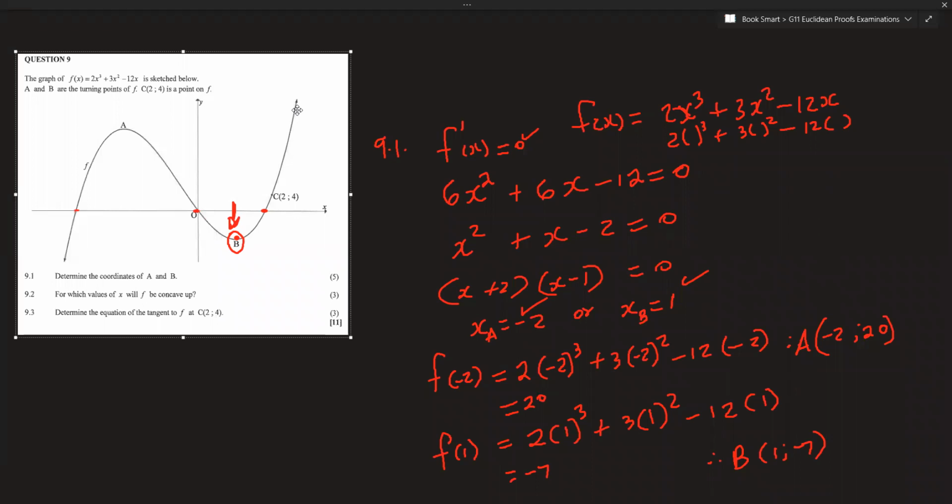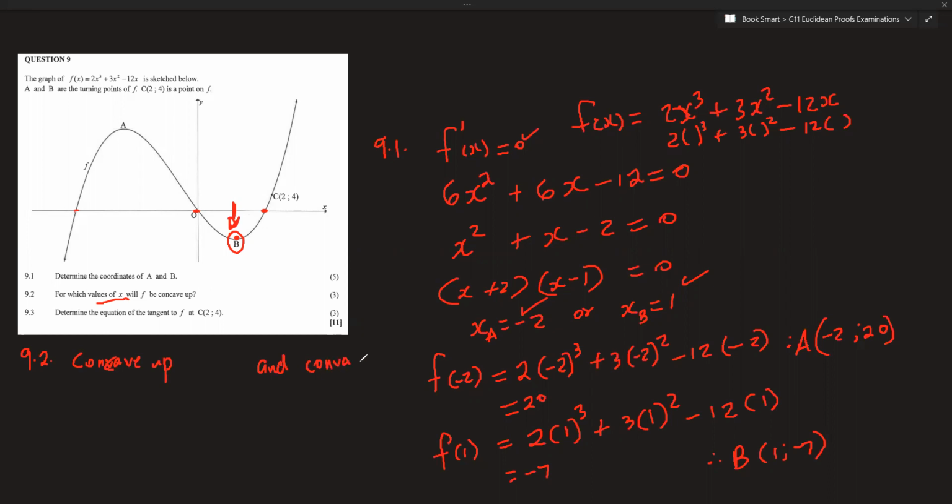So let's do the next question. On the next question, which is 9.2, they want the values of x for which f is concave up. Okay, I'll show you both concave up, and if they said concave down.